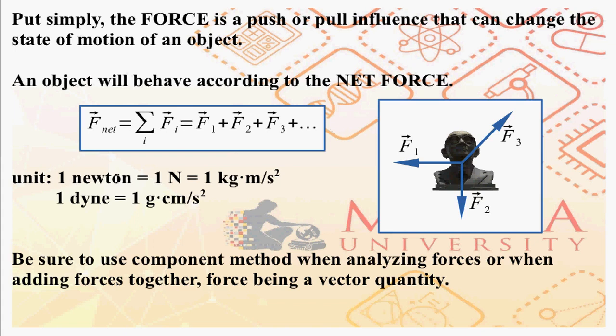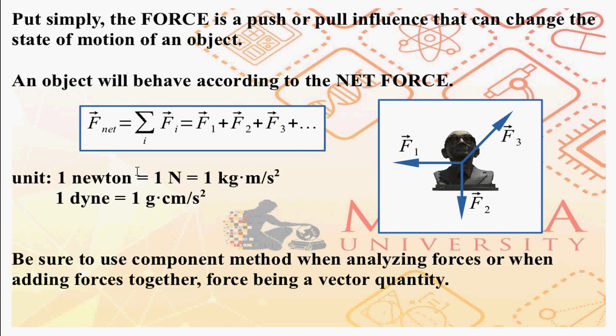Unit of force is Newton, capital N. 1 Newton is equivalent to 1 kilogram meter per second squared. This is an MKS system unit. For the CGS, we also have the unit for force, dyne. 1 dyne is equivalent to 1 gram centimeter per second squared.